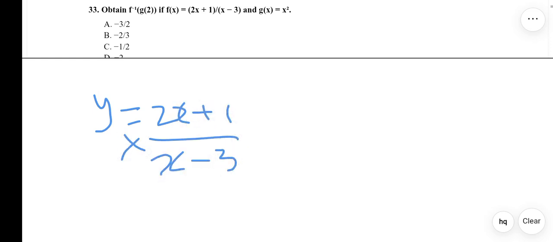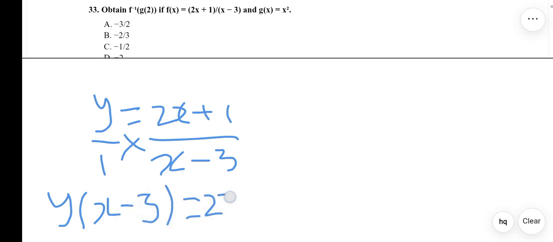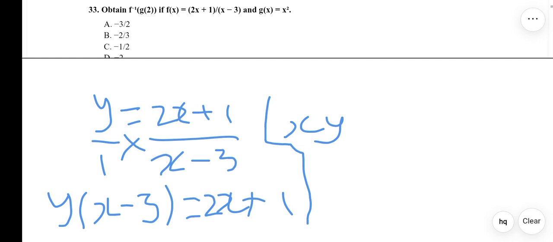Then we'll make x the subject of the formula by cross multiplying. So you will say y into bracket x minus 3 is equal to 2x plus 1, right? So if we open the bracket here, we have y times x to be xy, y times 3 to be minus 3y is equal to 2x plus 1.